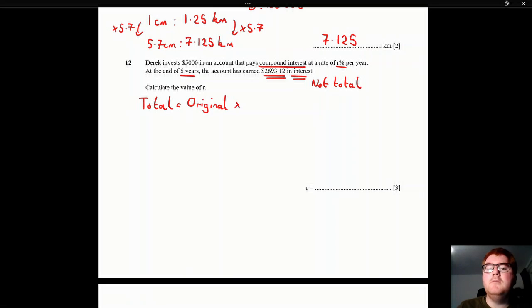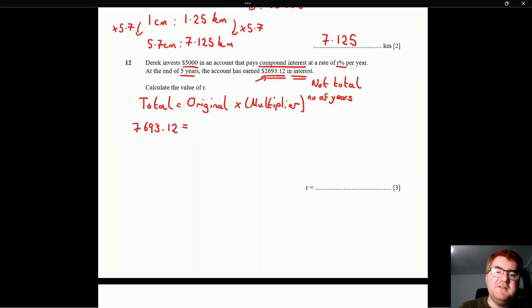We then multiply by what I like to call the multiplier, so the decimal that basically includes the increase of what's going on percentage-wise to the power of number of years. Now, let's convert this carefully into what we need to work out. The total amount of money he has is $5,000 plus the interest, so $7,693.12.